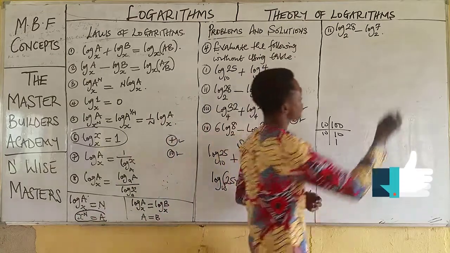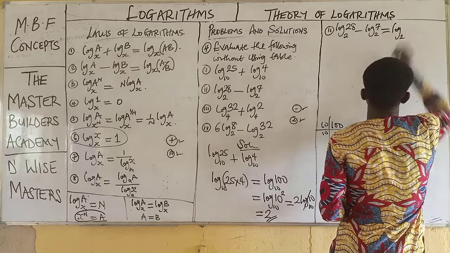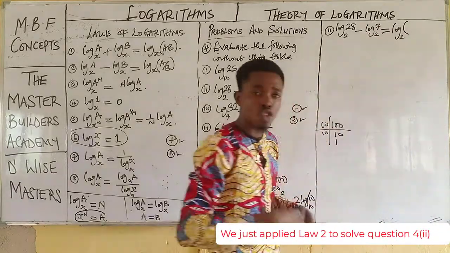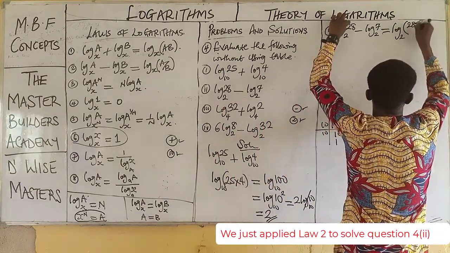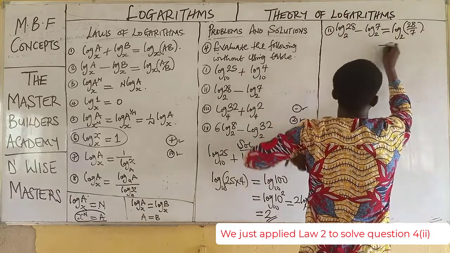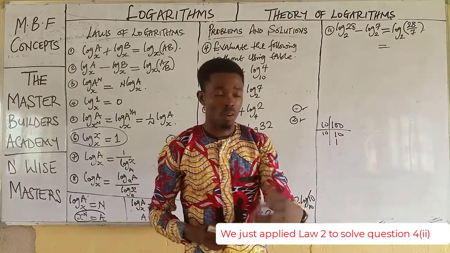Now, let's apply it. While applying this law, we'll just pick one log to the base 2. Then, remember, subtraction turns to division. So pick the first number, which is 28, now divided by 7. And 28 divided by 7 gives us 4.